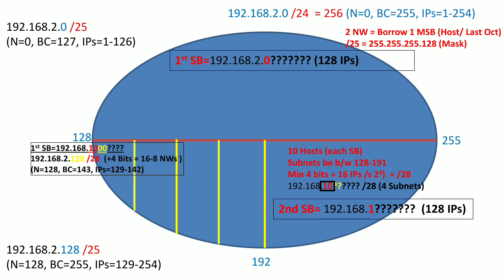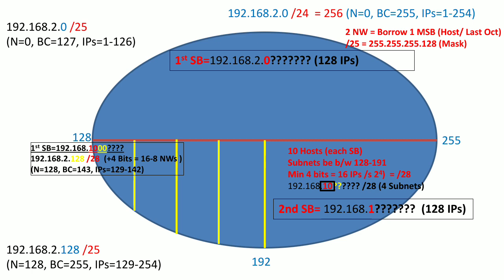So the first subnet would be 192.168.2.128.